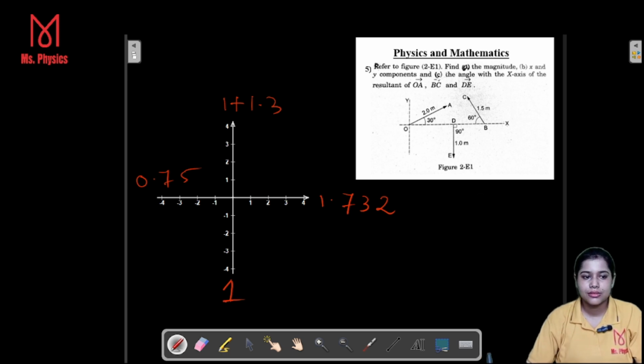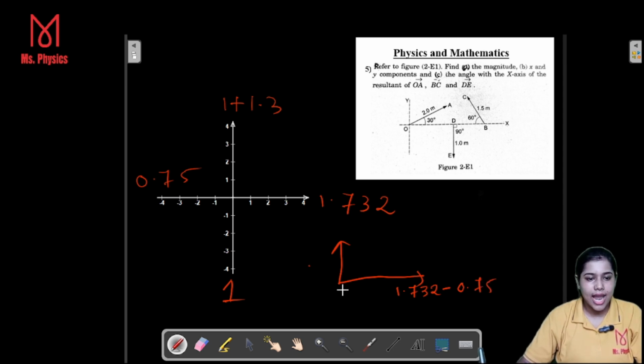Very simple. Okay. Therefore, finally if I write it in xy, what would the resultant be? See that 1.732 is larger than 0.75, so obviously the resultant would be along the positive x-axis. So you just subtract it, that is 1.732 minus 0.75. Okay. And along the positive y-axis it would be 1 plus 1.3 minus 1.